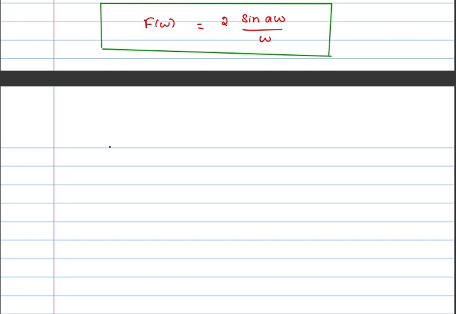What is the inverse Fourier transform? f of x equals 1 over 2 pi times the integral from minus infinity to plus infinity of F of omega times exponential of plus i omega x d omega.